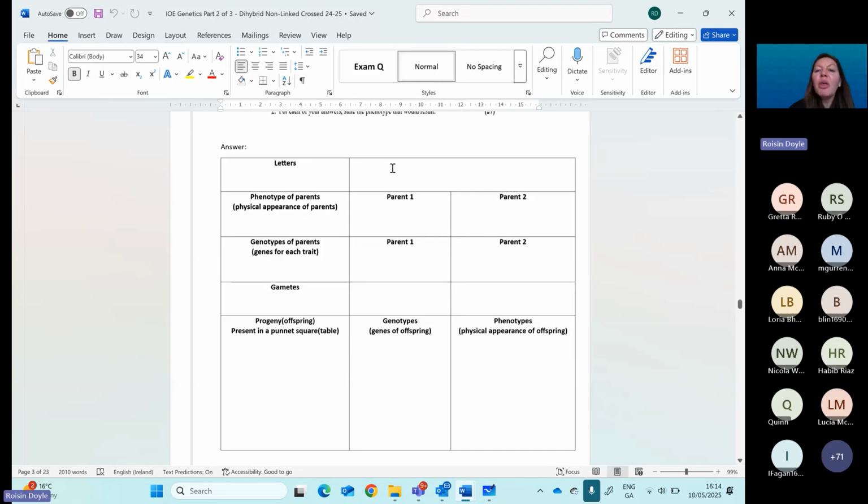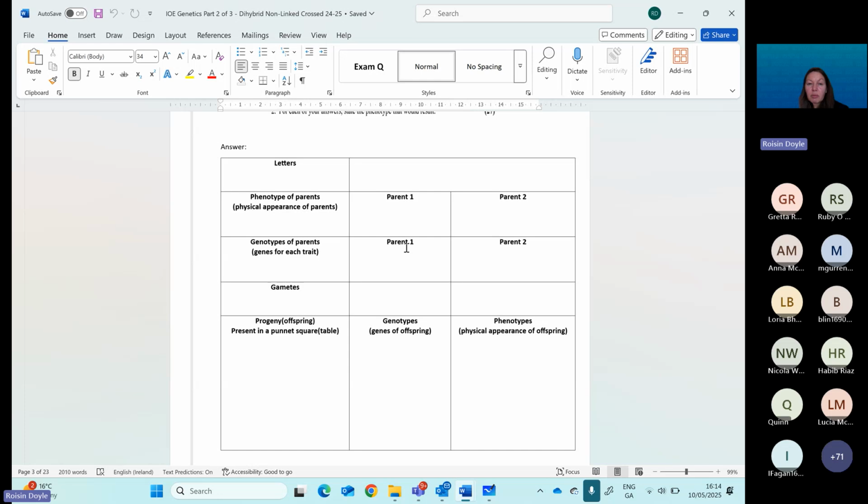They wrote out the letters. They wrote out the phenotypes of the parents. They wrote out the genotype. So it was like their step-by-step recipe for doing a genetic cross question. So you're more than welcome to take a screenshot or a photograph of that and use it for doing a genetic cross.